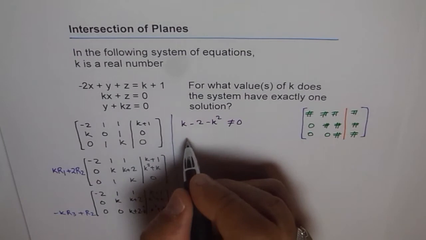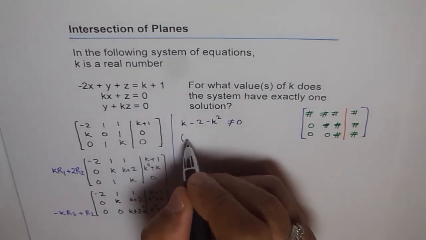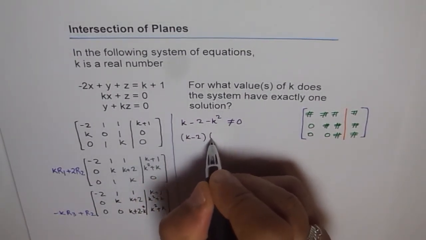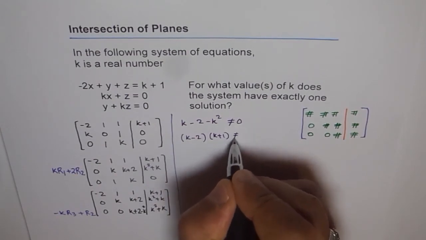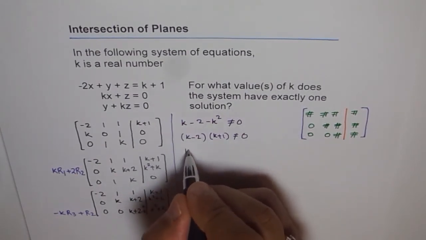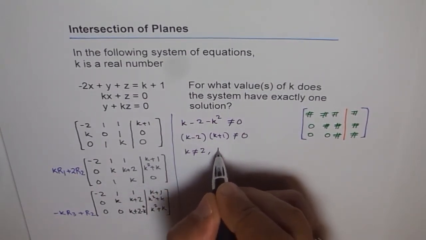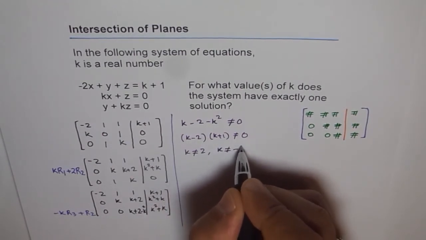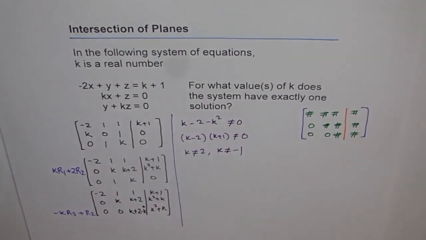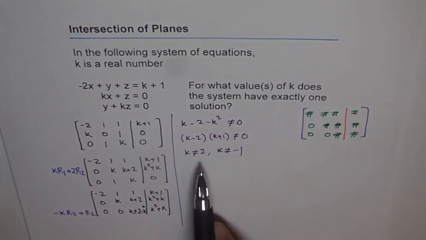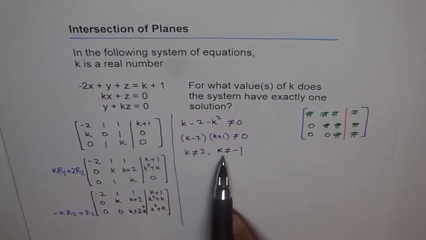So we can factor this out. So this gives us k minus 2 times k plus 1 is not equal to 0. Or it says that k is not equal to 2 or k is not equal to minus 1. So that is the solution. So when k is not equal to 2 or minus 1, then this cannot be 0, right?